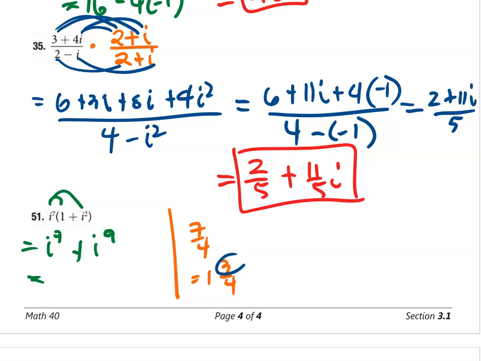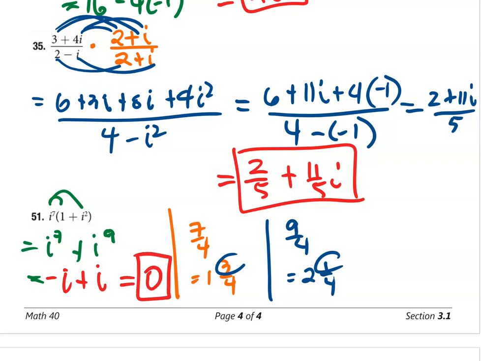And the other one, 9 divided by 4 is equal to 2 and 1/4, so the remainder is 1. If the remainder is 3, what is that equal to? Yes, the answer is negative i. How about if the remainder is 1? Yes, the answer is i. And negative i plus i is equal to 0. So the answer for 51 is 0.